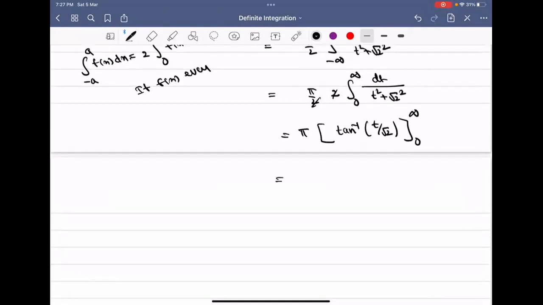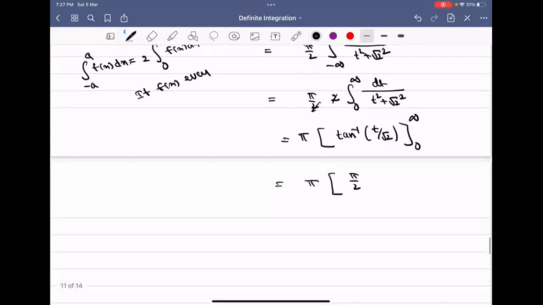So this is equal to pi into, if you substitute the upper limit, that is tan inverse of infinity. Tan inverse of infinity is equal to what? Pi by 2 minus of, okay, we forgot one thing.